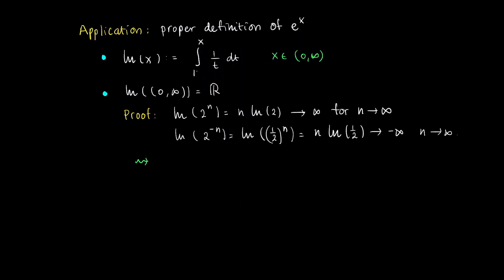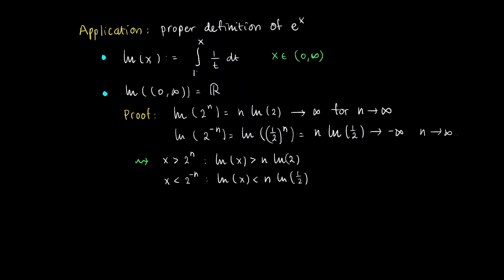Right, so in particular, if x is larger than 2 to the power n, the ln of x is larger than n times the logarithm of 2. And if x is smaller than 2 to the power minus n, the logarithm of x is smaller than n times the logarithm of a half.